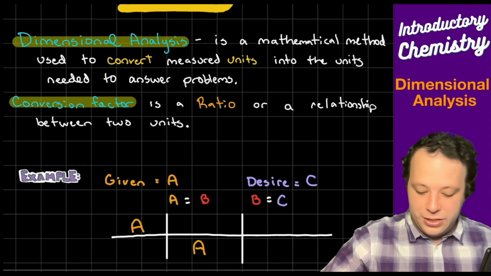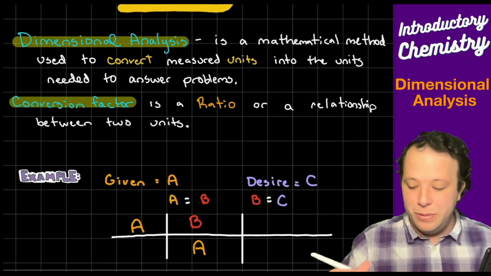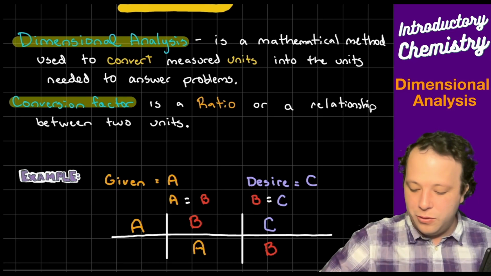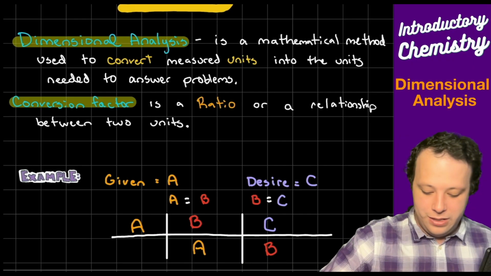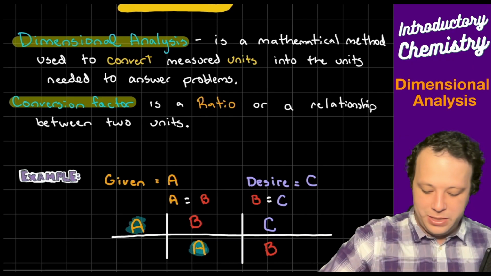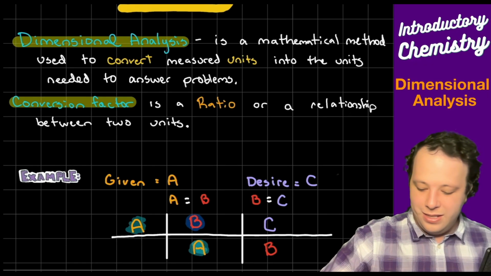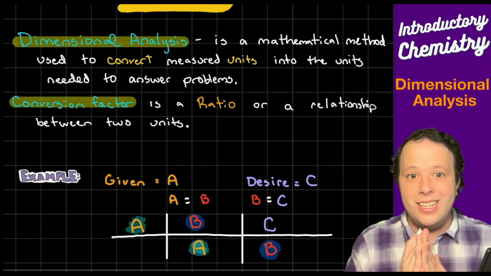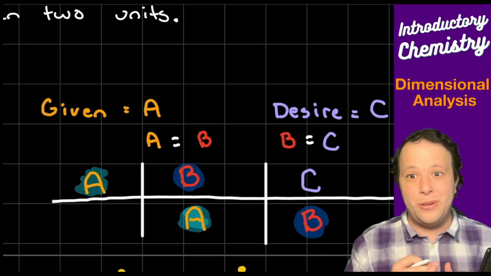Being that A is equivalent to B, we can write that relationship, and we can also continue to write the relationship that B is equivalent to C. So what happens here is unit cancellation. A units cancel A units, and that's what the highlighting here represents. And the same thing here: B units cancel out B units. That leaves us only with C. That's the key. We're trying to cancel all of our different units as we go through these problems.